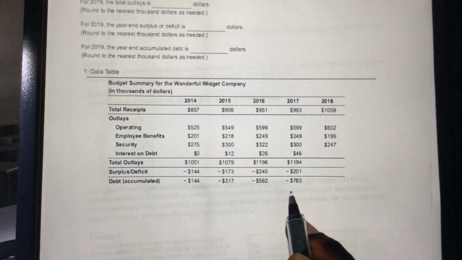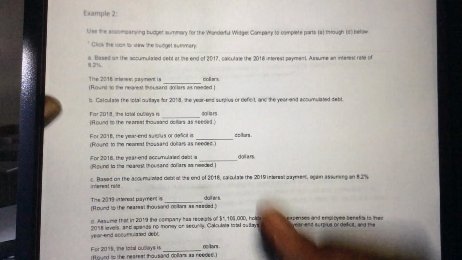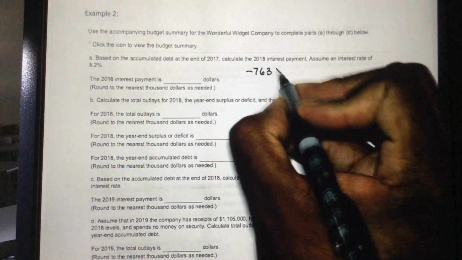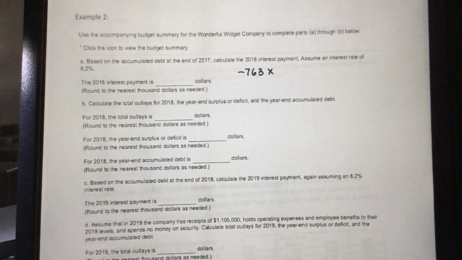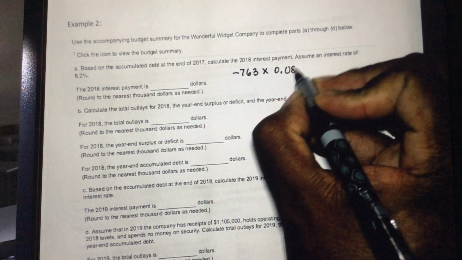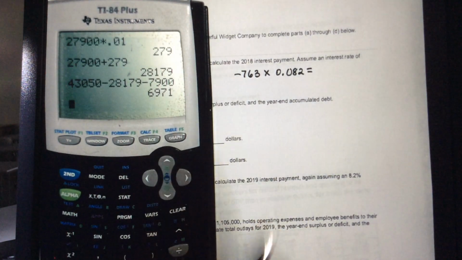So now I'm going to take this amount of negative 763. I'm going to do this up here. We're going to multiply that by the interest rate of 8.2%. Now 8.2% as a decimal will be 0.082. So I'm going to do negative 763 times 0.082.